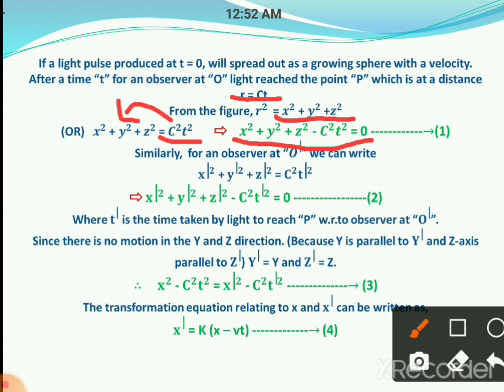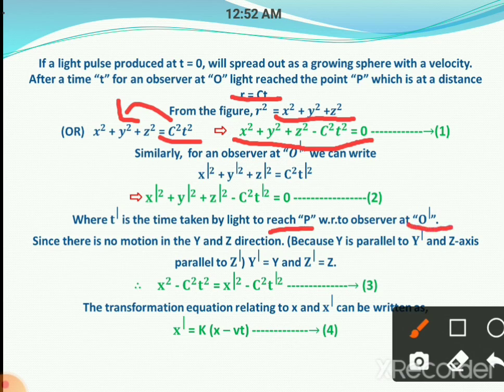Take c square t dash square to the LHS. Therefore, x dash square plus y dash square plus z dash square minus c square t dash square is equal to 0. This is equation number 2, where t dash is the time taken by the light to reach the point P with respect to the observer at O dash.